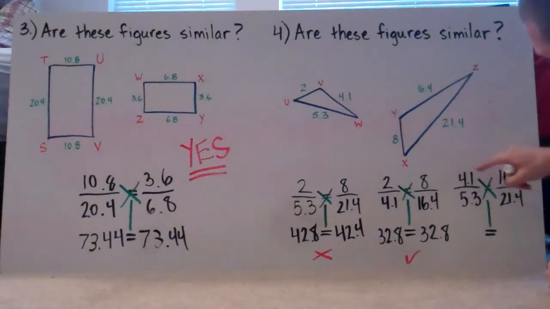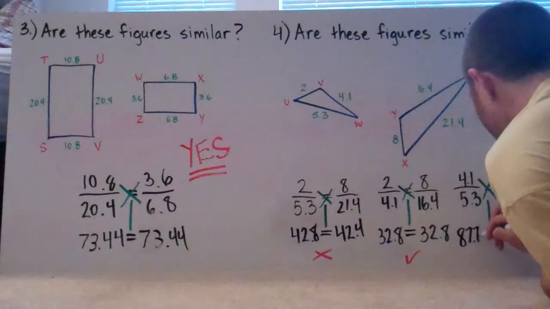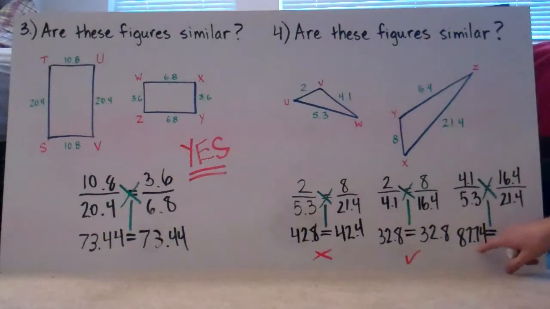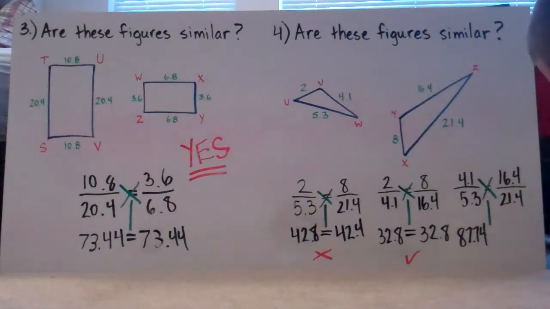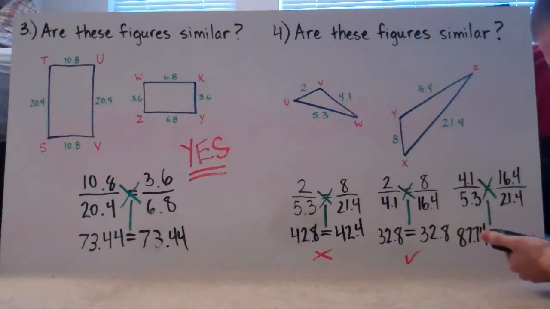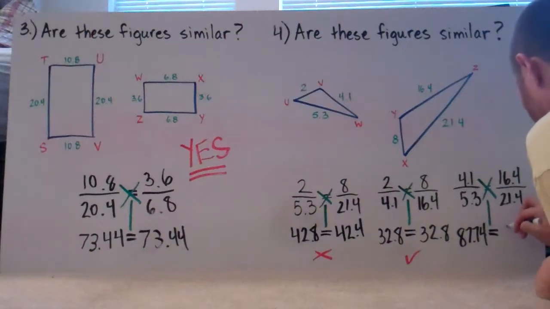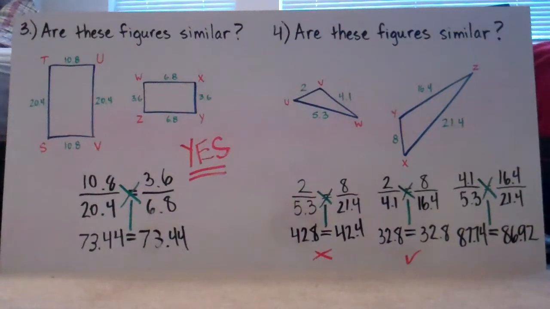I get 87.74 when I multiply those. You can see that 87.74 equals, let me move that equal sign a little bit so it's not touching, and when I multiply 5.3 times 16.4, I get 86.92. So, are these equivalent? Nope.